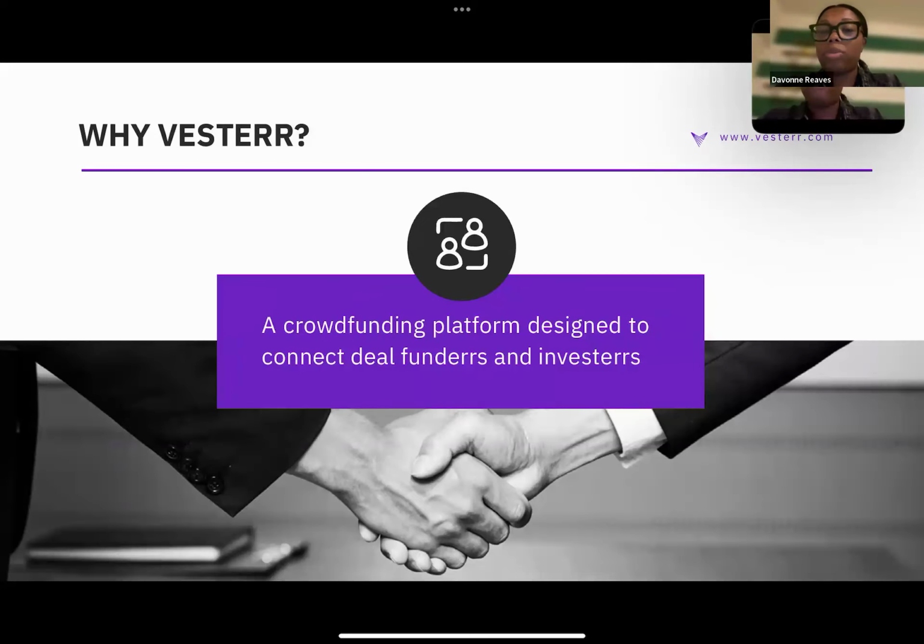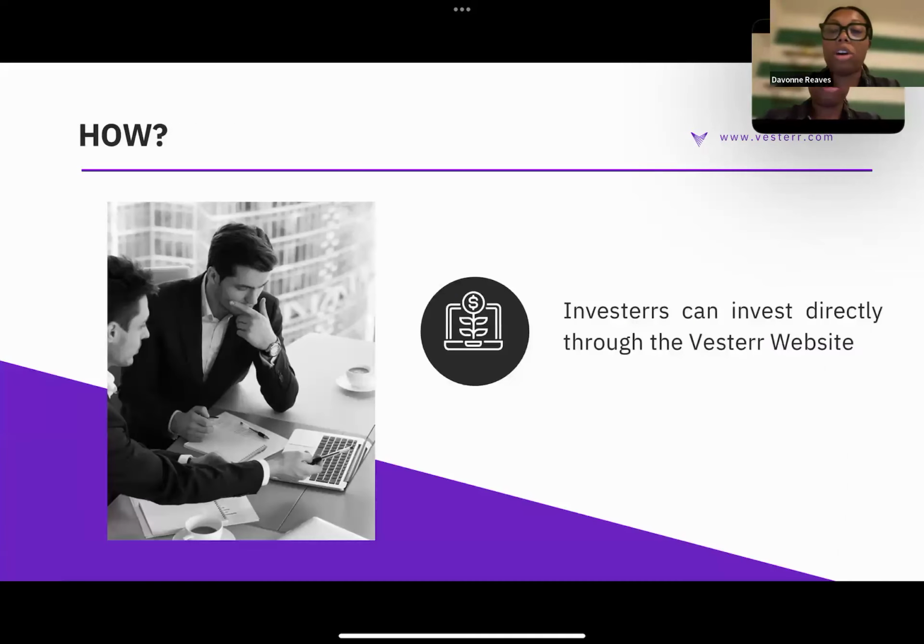So why would you use Vestor? Again, we're a crowdfunding platform, and our goal is to connect funders with investors. If you do decide to invest, you can go directly through our Vestor website. There are other crowdfunding platforms out there. There's Realty Mobile, there's Fundrise, there's CrowdStreet.